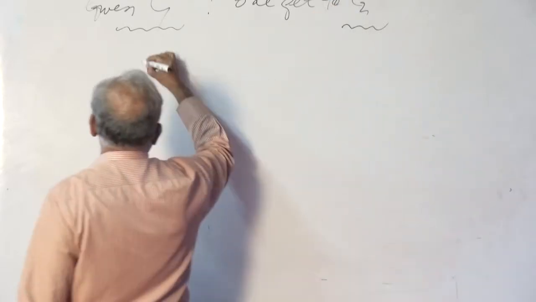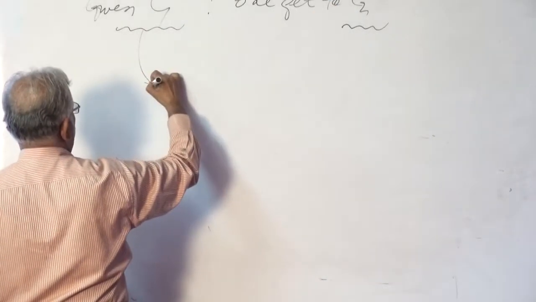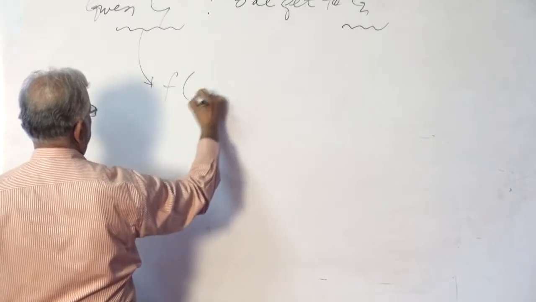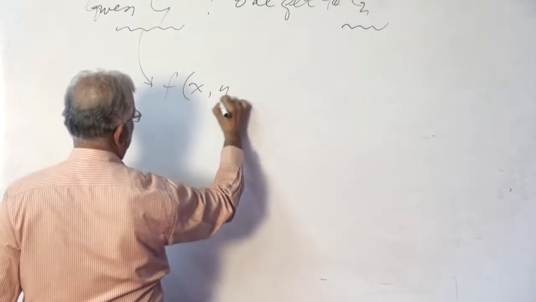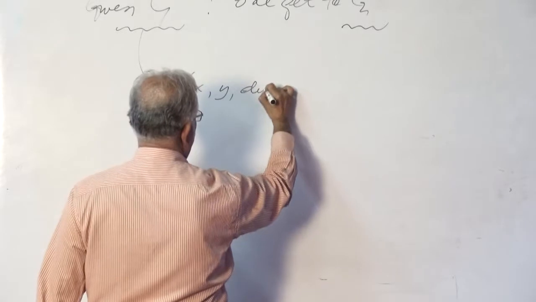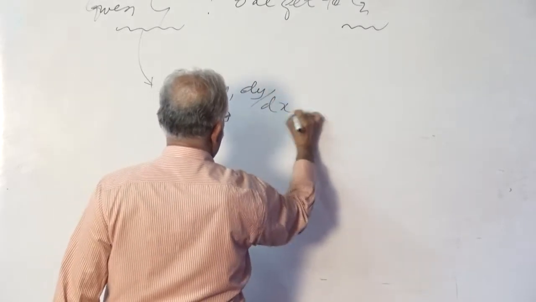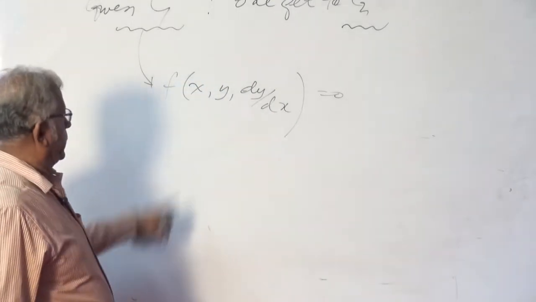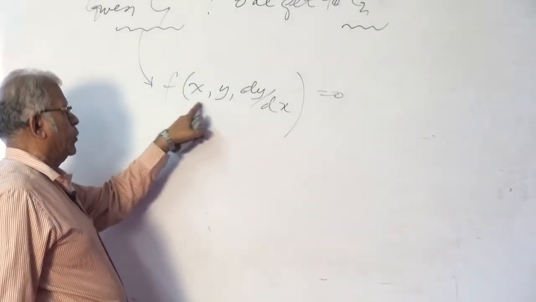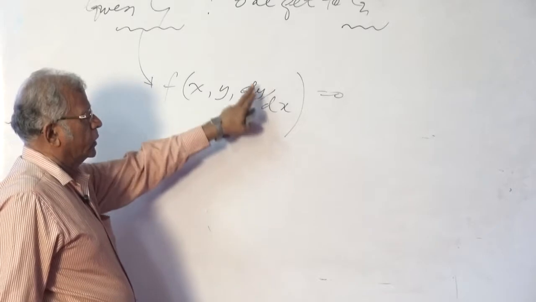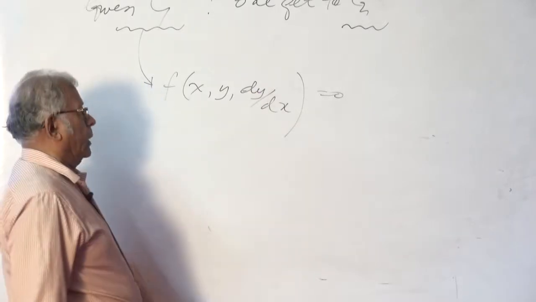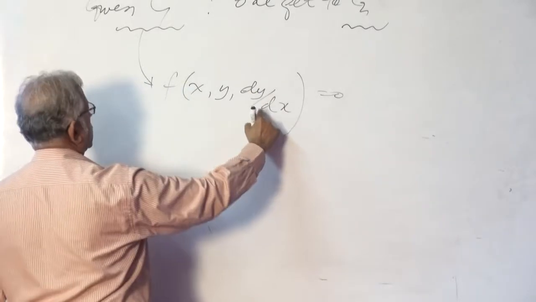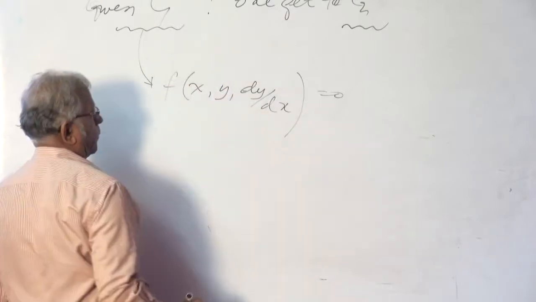Now let us suppose that we start with C1 and write its equation as f(x, y, dy/dx) = 0, where the equation has x, y terms and slope terms. Now this dy/dx is the slope of members of C1.